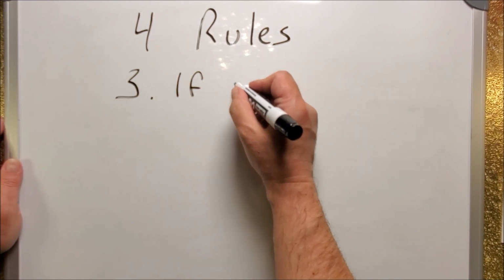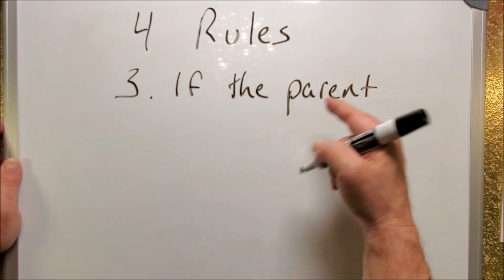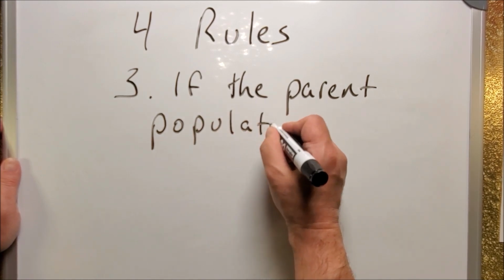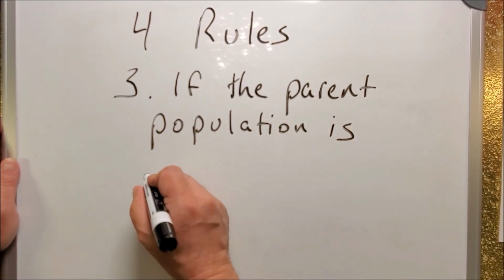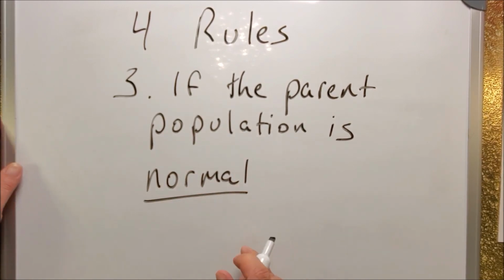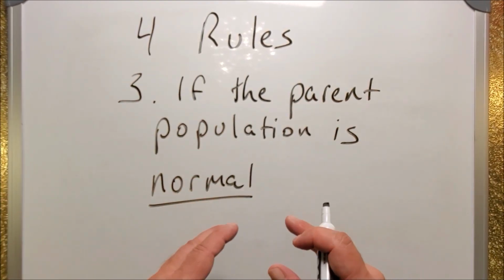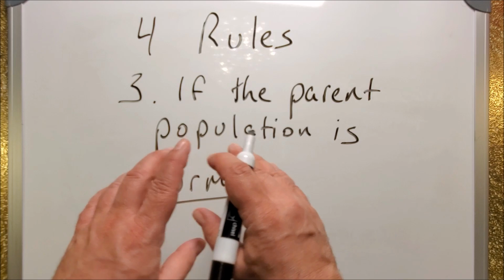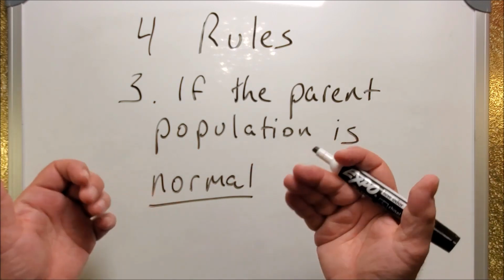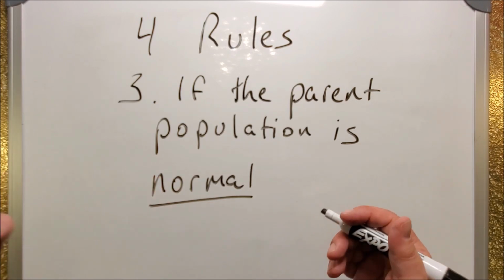If the parent population, that's a term that I like to use quite a bit, is normal, and I'm using the term normal to indicate that it's normally distributed, it's got a unimodal shape, it is symmetrical, tapers to the edges in the normal fashion, in the exact shape that would allow the empirical rule or the normal distribution table to work for it.